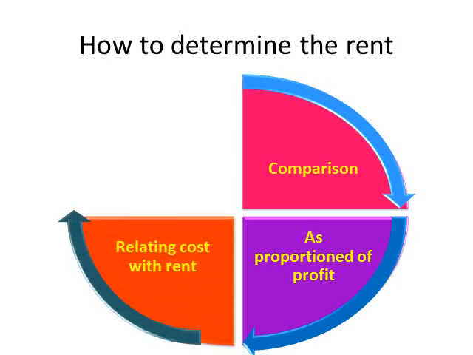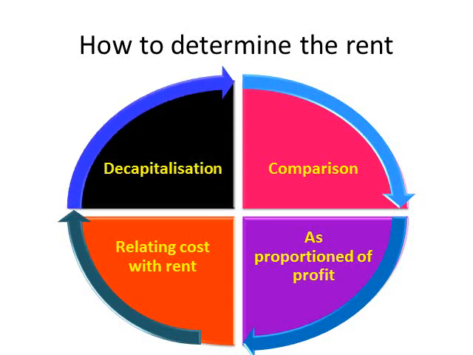The rental value can also be determined by looking at the costs. And the last one is capitalization, by referring to the market value, then you decapitalize it to derive the rental value.